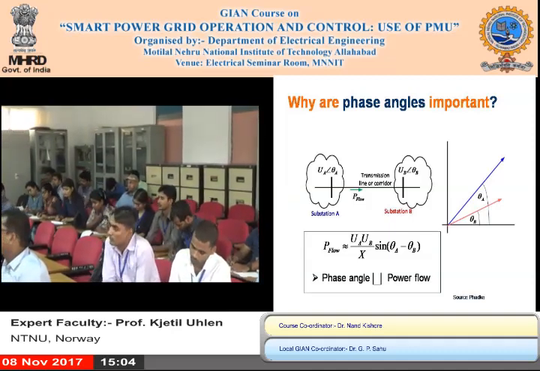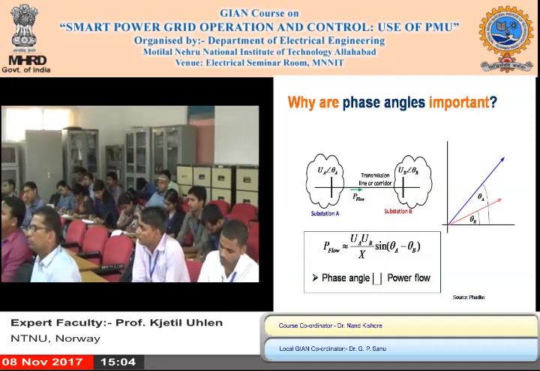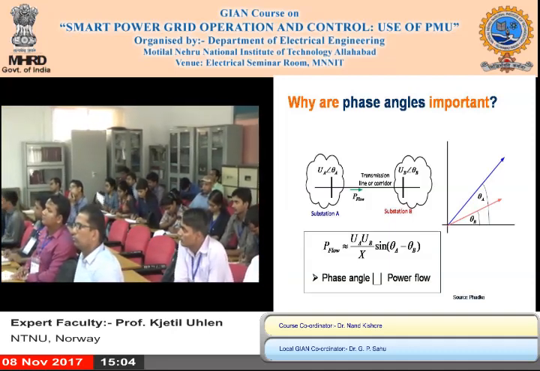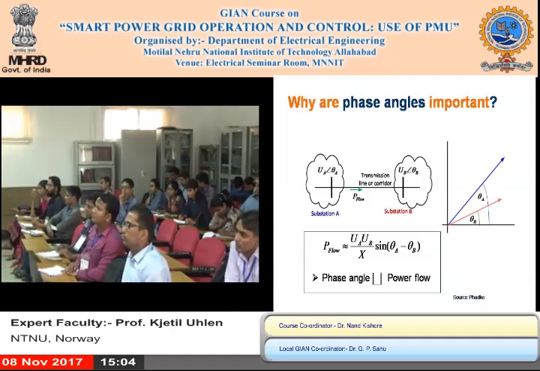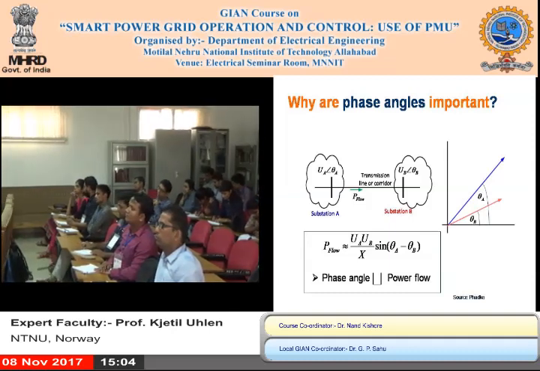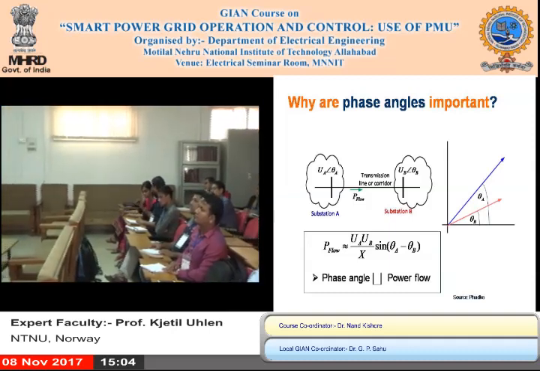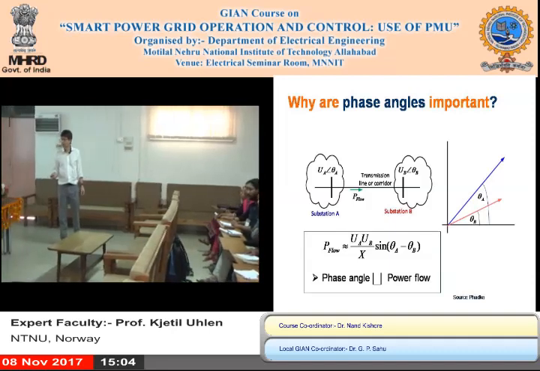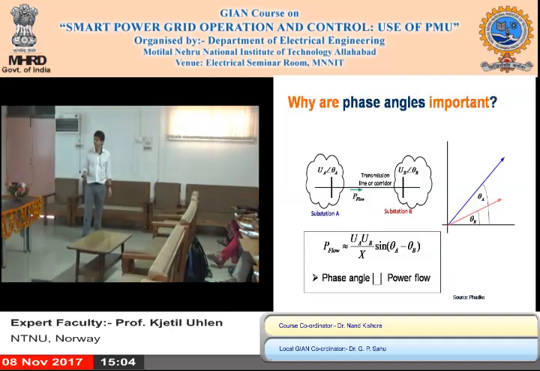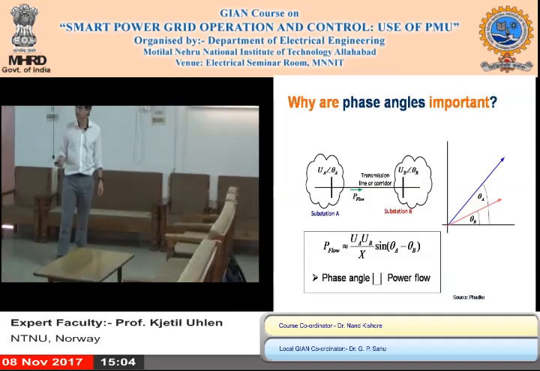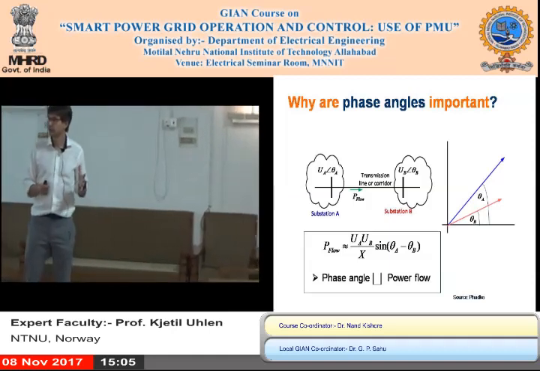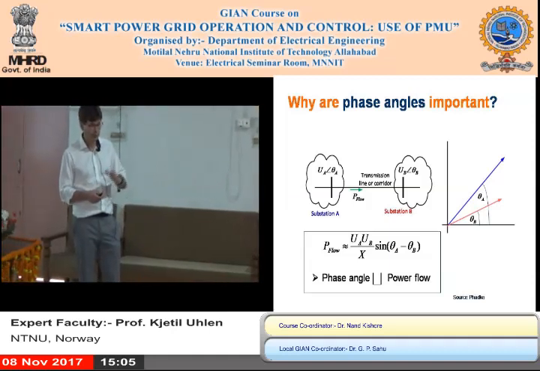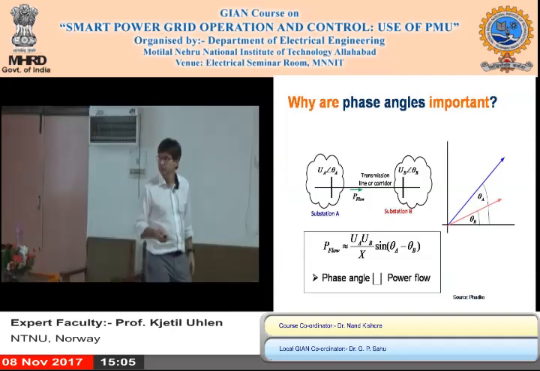And the ability to measure those angles gives you better information than just measuring voltage and current. Even though you could, of course, and what you partly do today is estimate the voltage angle with the state estimator, because you are able to measure voltage and current, so you can compute power. But still, that is not within the resolution so that you can capture dynamics in a good way.